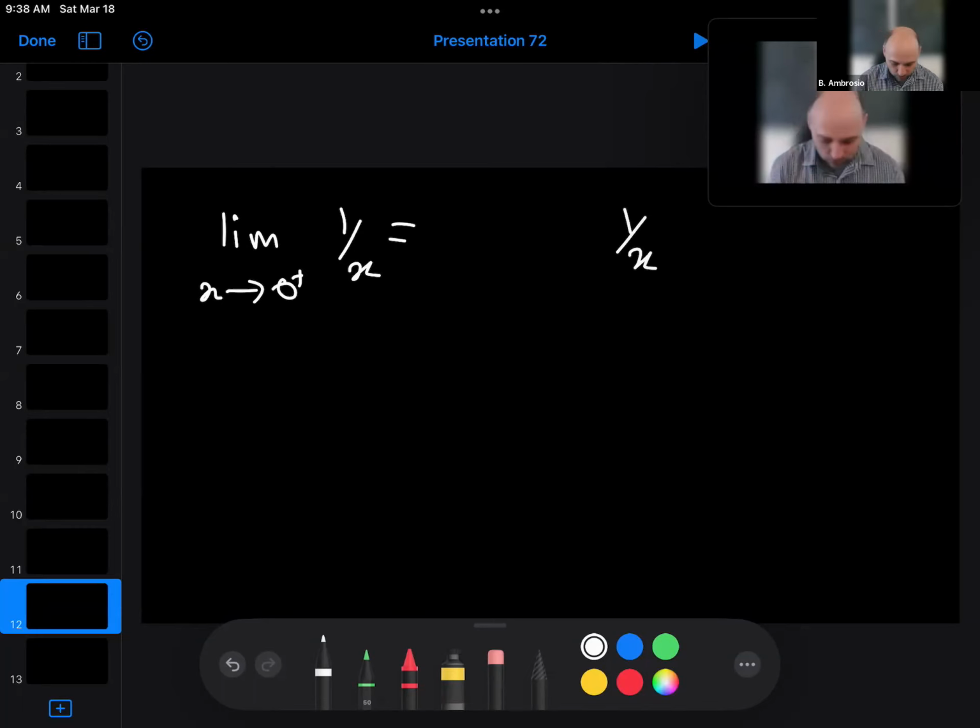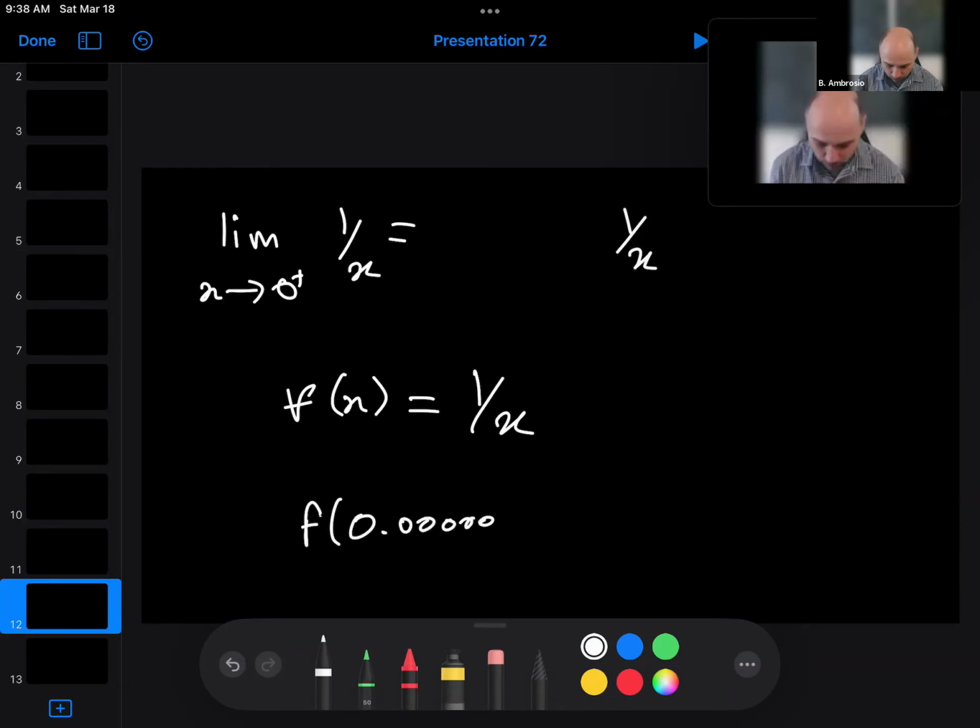So for my f of x equals 1 divided by x, you said 1 divided by 1 million is 1, 2, 3, 4, 5, and the image is a big number. Hope you have that in dollars, it's good.